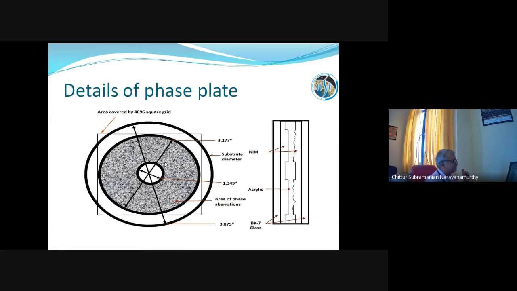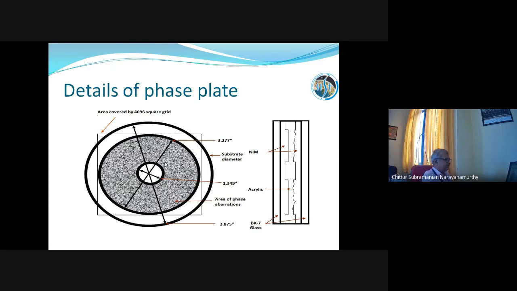This is the detail of this pseudo random phase plate, where you can see the phase structure. This is actually designed for infrared propagation through atmospheric turbulence, and it has a 4096 square grid with all these diameter parameters.